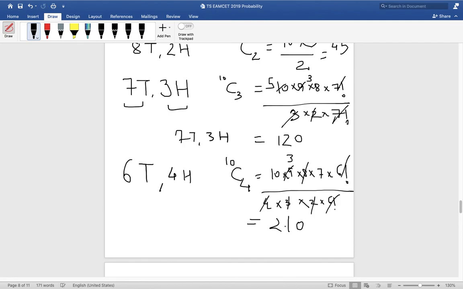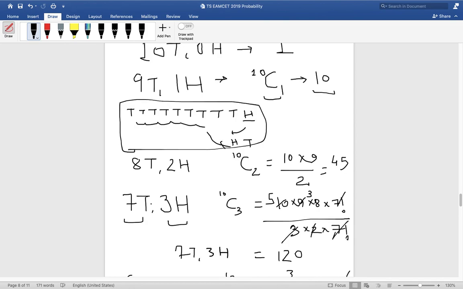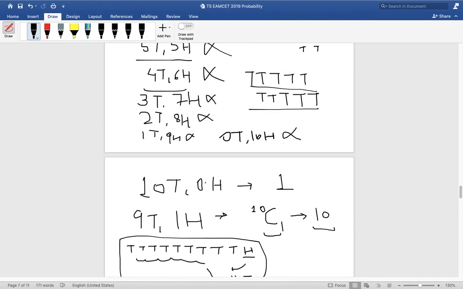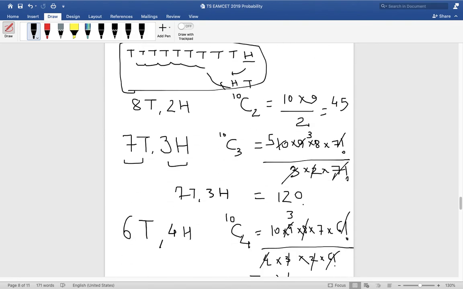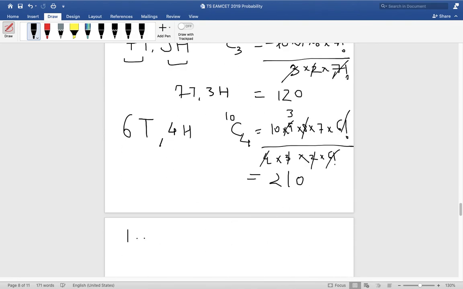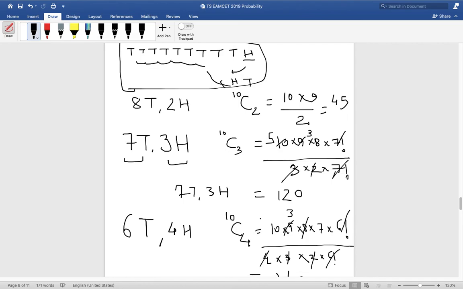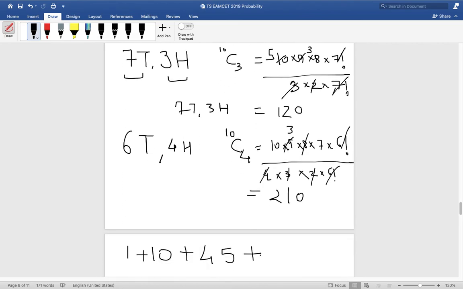So the total number of events for more failures and fewer successes is 1 plus 10 plus 45 plus 120 plus 210. How much is it?